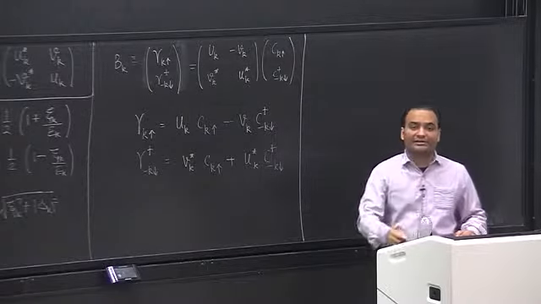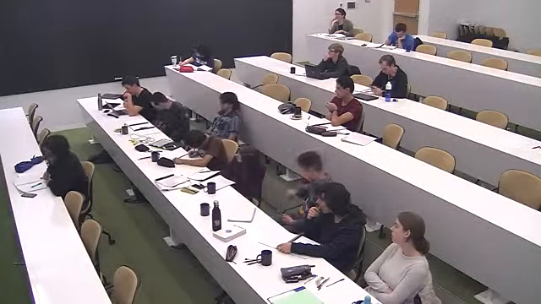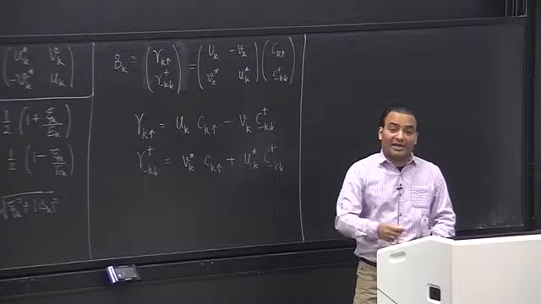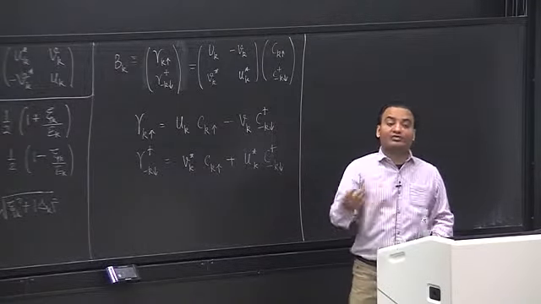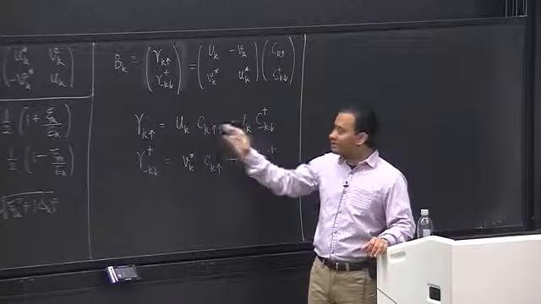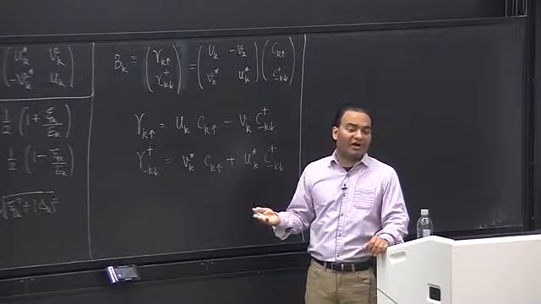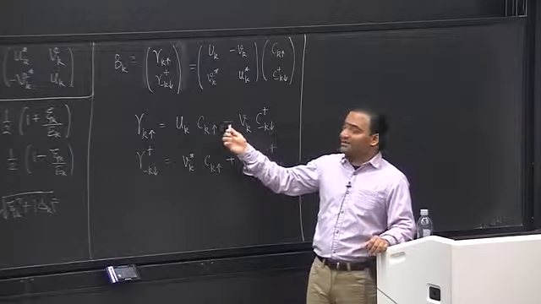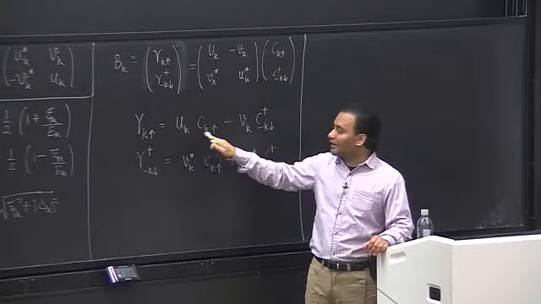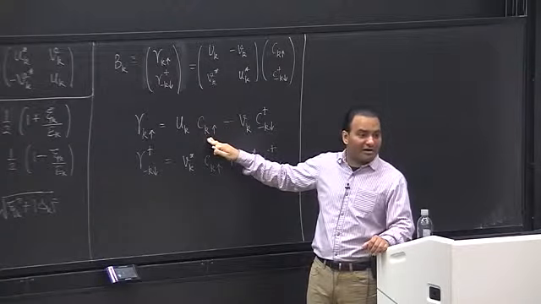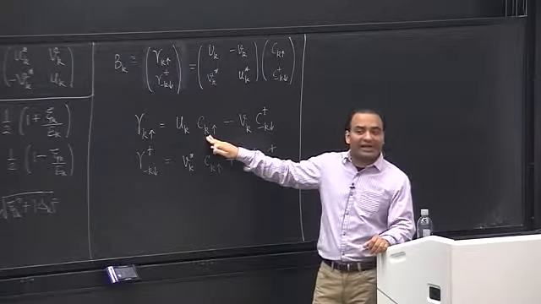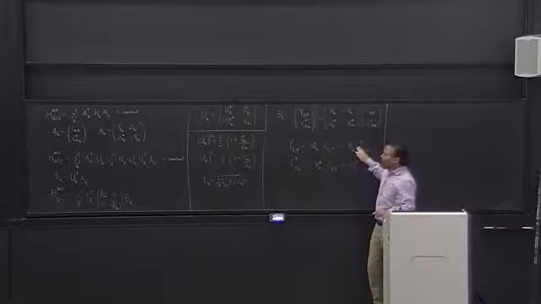Yes? What does it mean to create a superposition of an electron and a hole? So it is a single particle excitation, but each term has only one fermionic operator. In one term you are annihilating an electron, which you can see as creating a hole, and in the other term you're creating an electron.